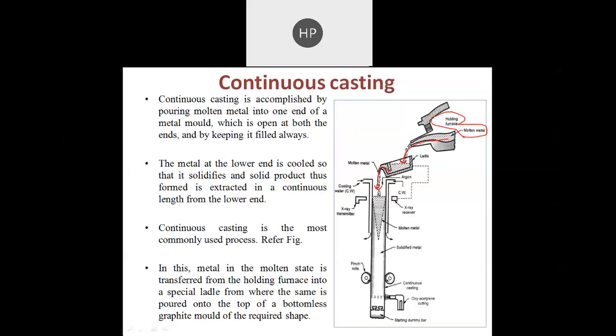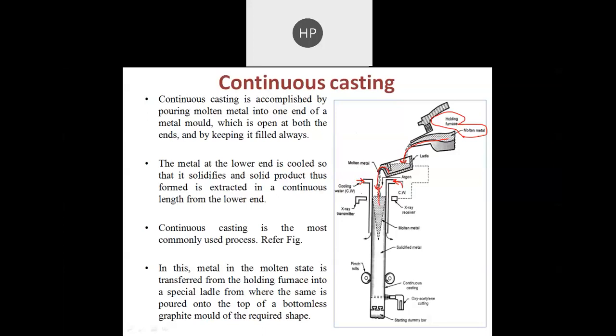Here, as you can see, this is the molten metal that will be poured directly over here. And this molten metal, which is at very high temperature and in liquid form, as it starts to come over here, there will be a continuous flow of cool gas as well as cooling water.